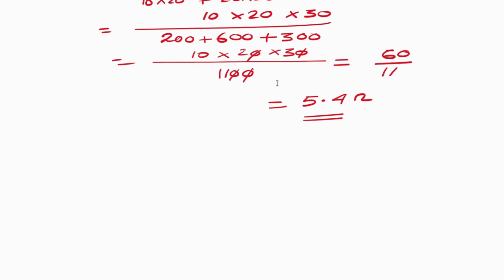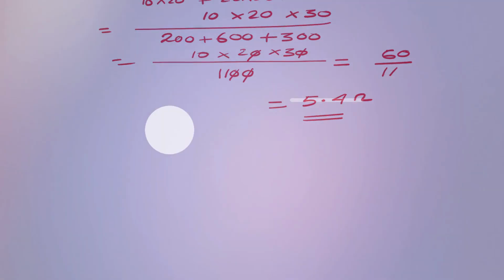So what is the value? 60 by 11. 60 by 11 ohms is 5.4 ohms approximately.